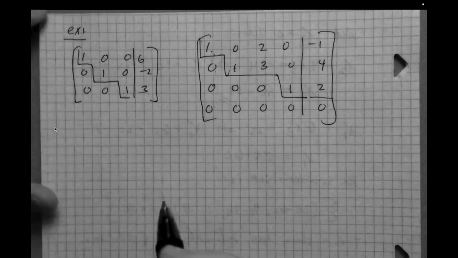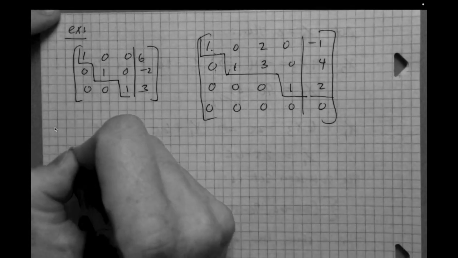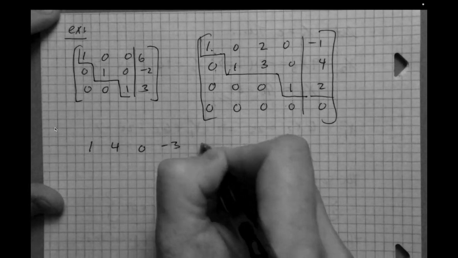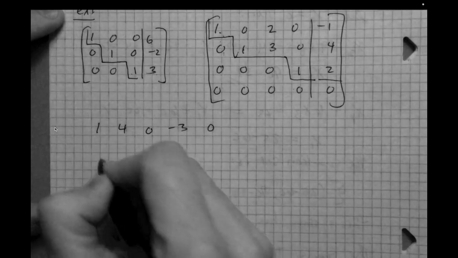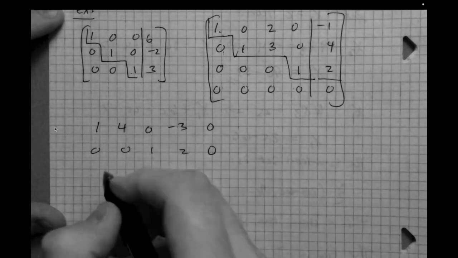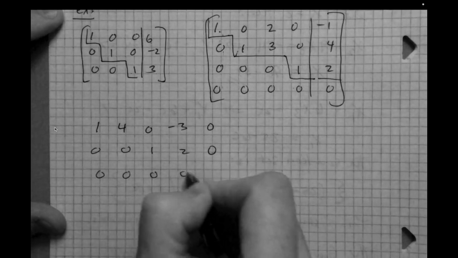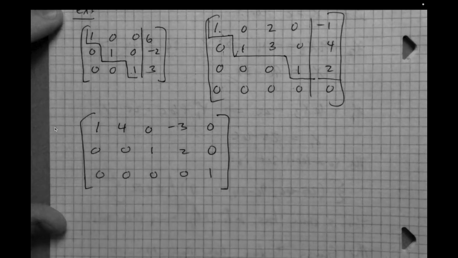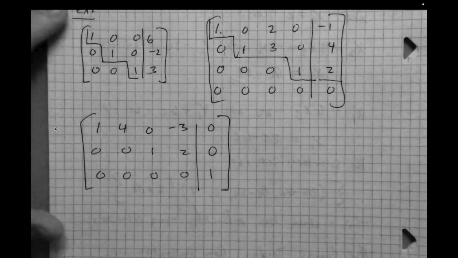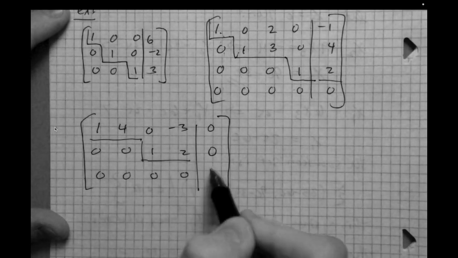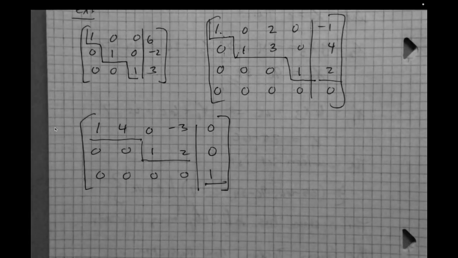Okay, what about something like this? This matrix in reduced row echelon form, augmented matrix. Well, you've got the stair step stepping down like this, so that looks okay.